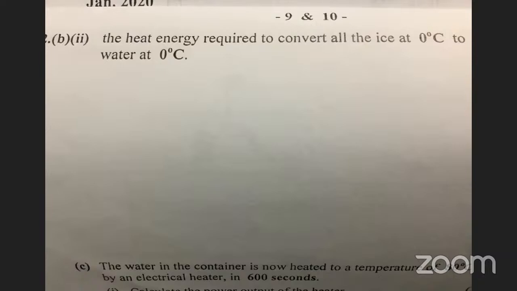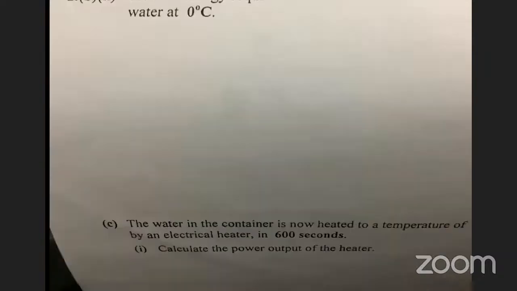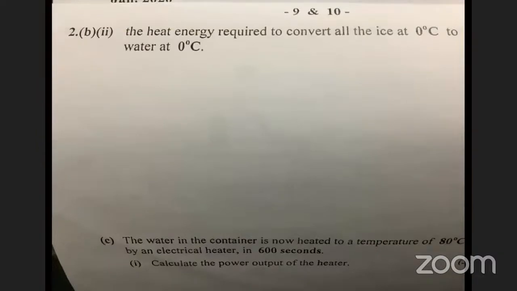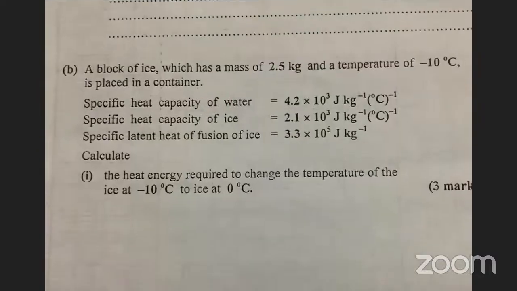Okay? It has two parts now, so I don't want to flick between them. Heat energy required to convert all the ice at 0 degrees to water at 0 degrees. All right, I'm going back to all the values, right? So do part 1 and then do this part for me. But part 1 has all the values, right? Go ahead, try this, please.